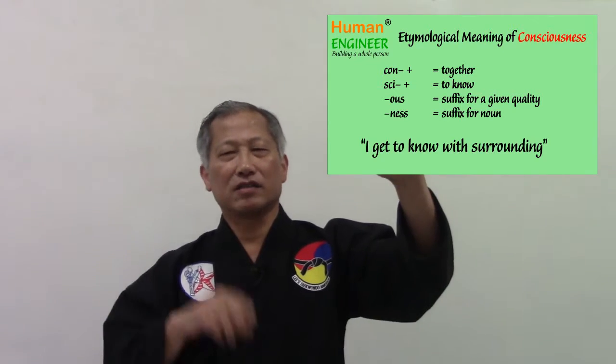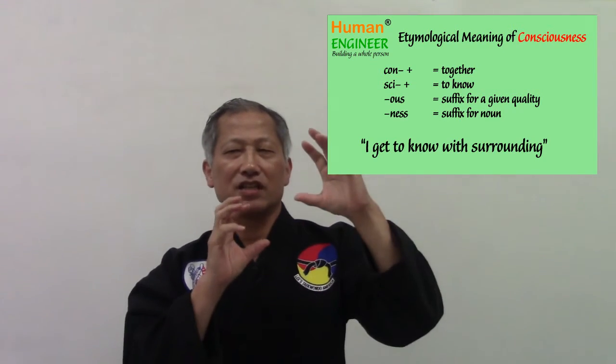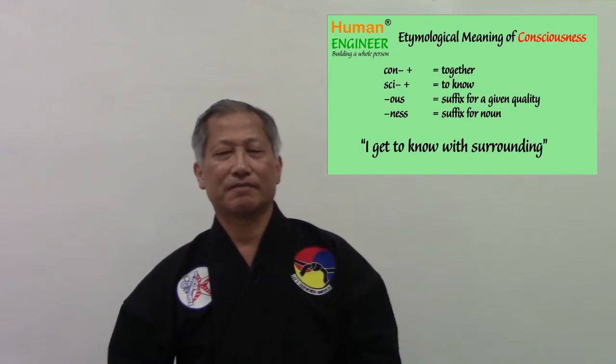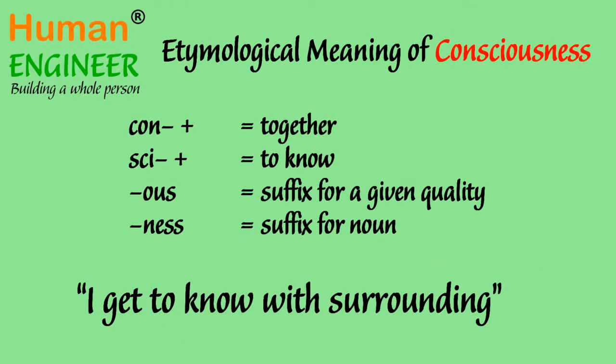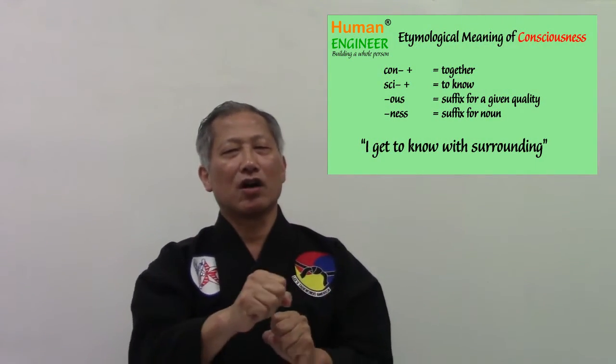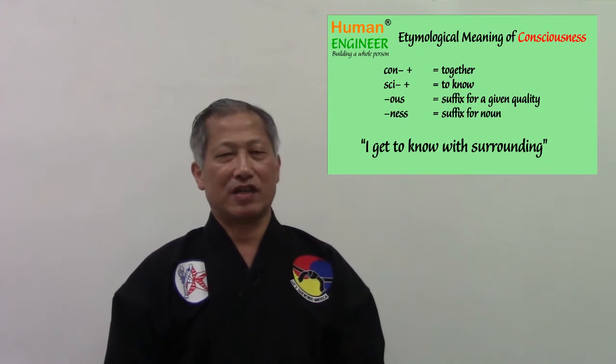Then what is consciousness? The etymological meaning of consciousness is this: con plus SCI plus OUS plus NESS. Con means together, SCI means to know, OUS is a suffix for a given quality, and NESS is a suffix for a noun. What that means is, I get to know together with the surroundings.